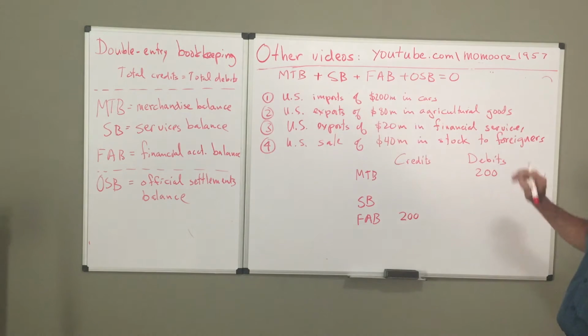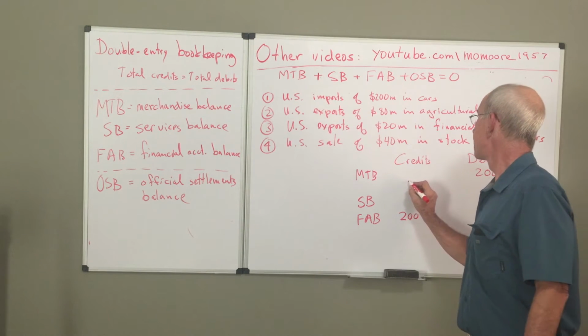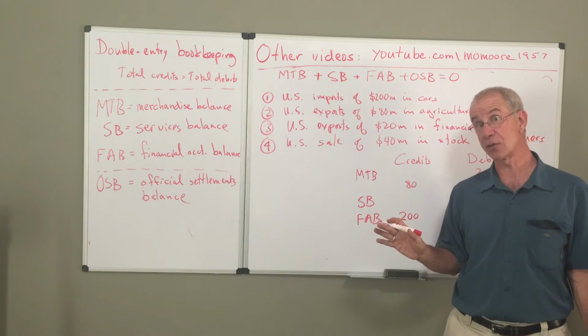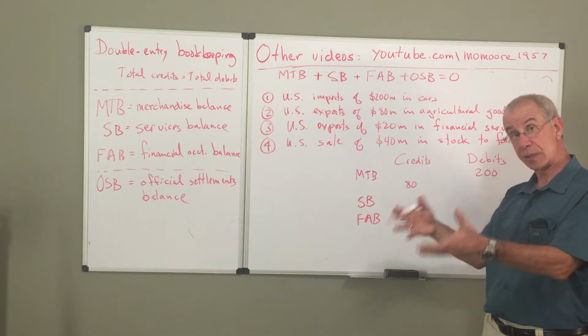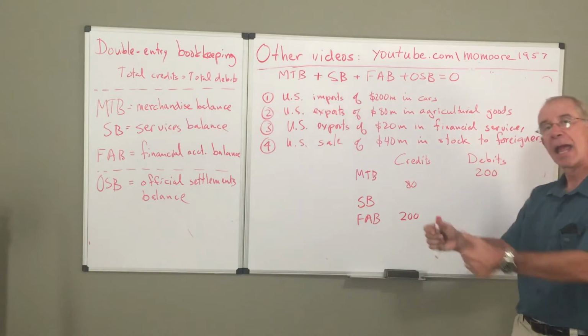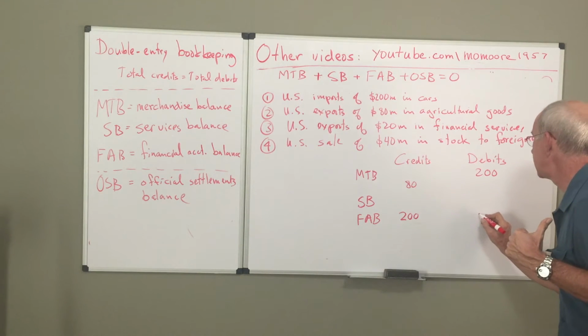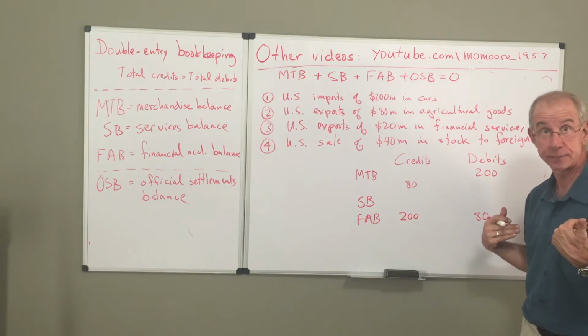U.S. exports of $80 million in agricultural goods show up in the merchandise trade balance as a credit. That's the export of the actual product, and then the payment for that by foreigners is an $80 million debit, because you're importing the check.